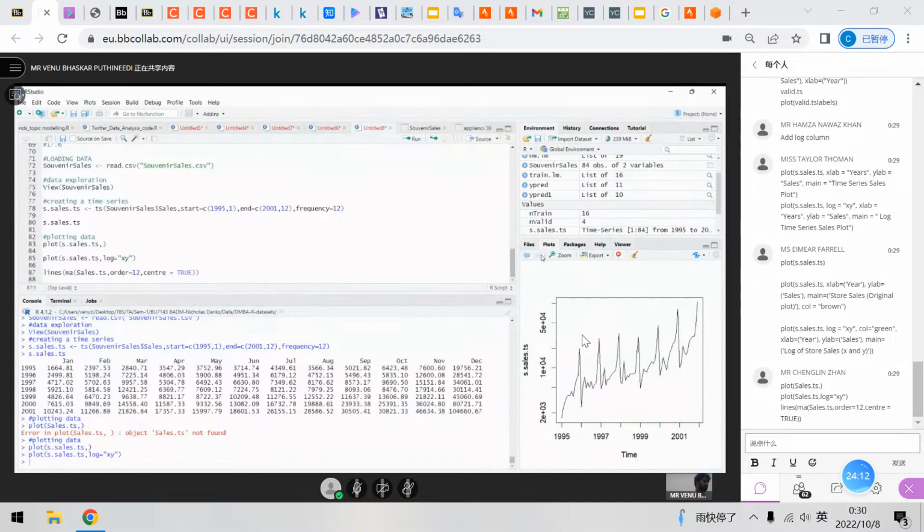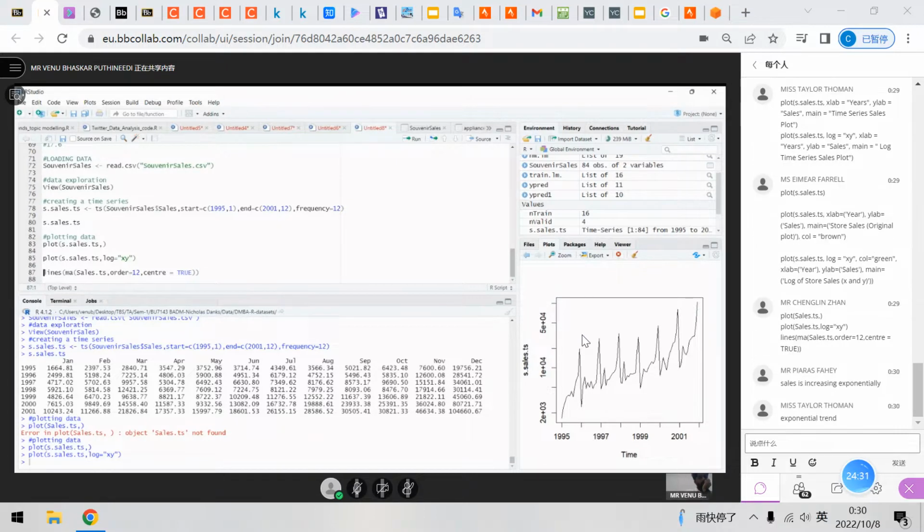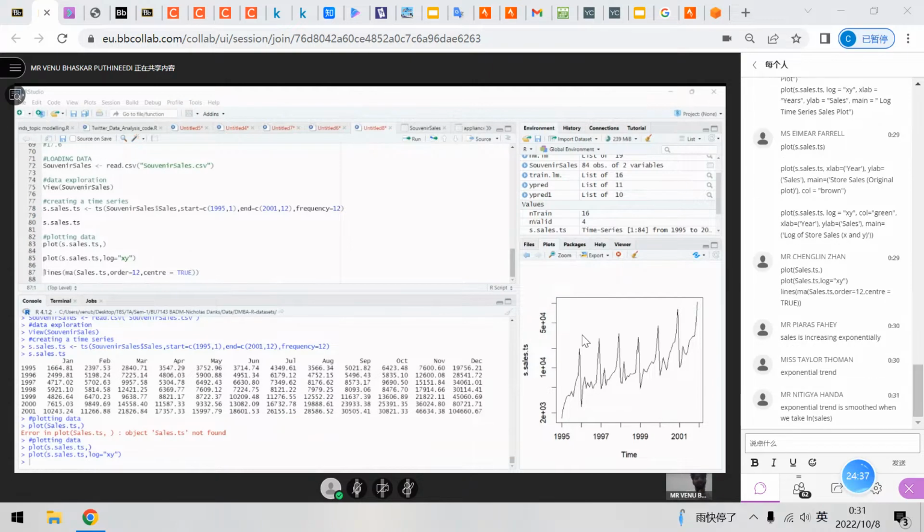What do you understand from this? Exponential trend, right? Yes, we get to see the exponential trend when we use the log of data.